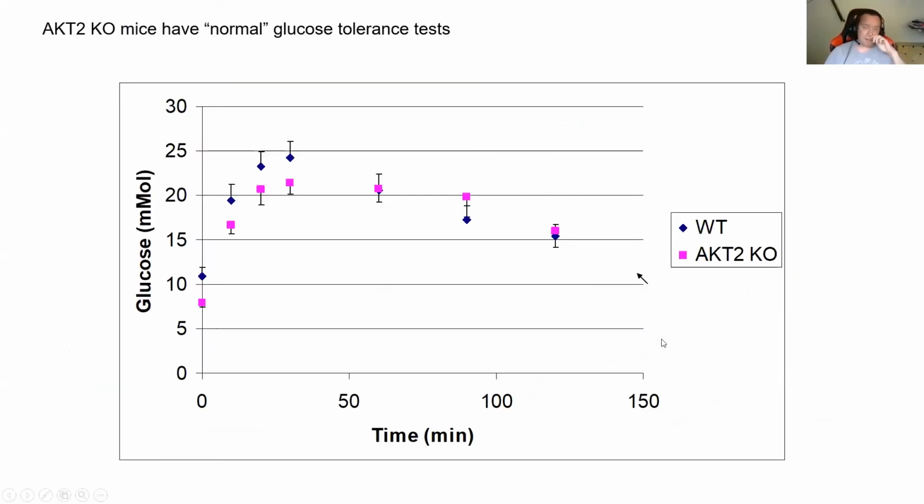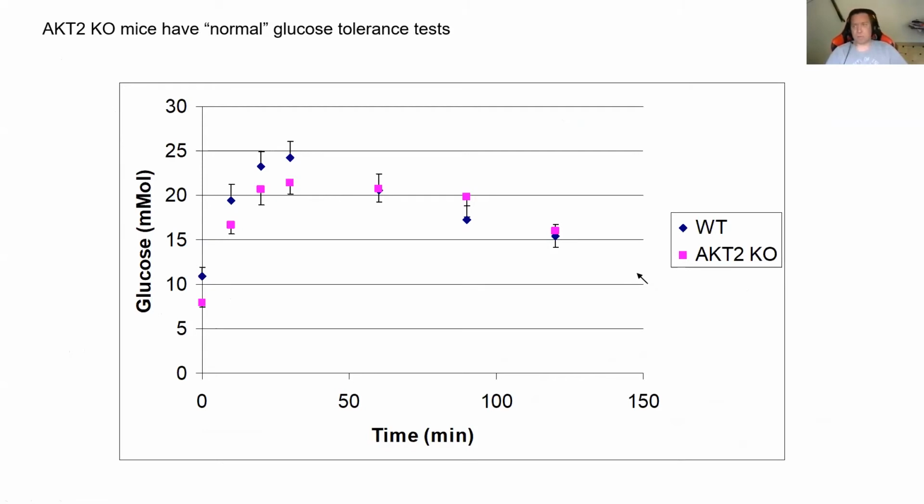But the final thing I want to point out here is also the data we had a look at 2 talks ago, which is related to the AKT2 knockout mice. And it was the fact that the AKT2 knockout mice, when we use 1 gram per kilo IPGTT, actually have a normal glucose tolerance test.